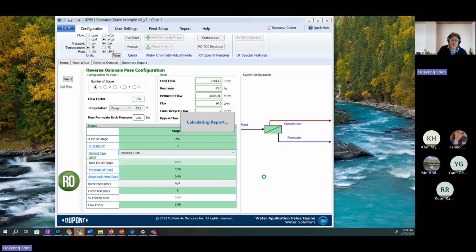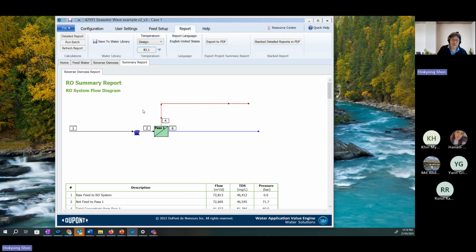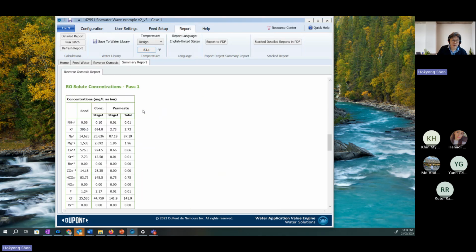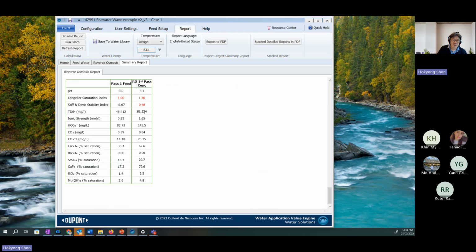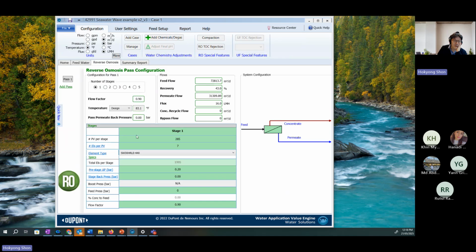Then you can click this one, and you will have a good report from this software. So I think the issue will be your design parameters for this stage one, stage two, and flow rate, and then flux could be a wrong design. That's the reason why you have not the correct summary report.